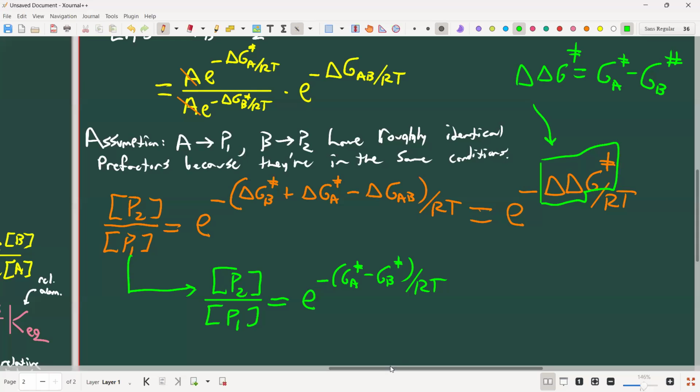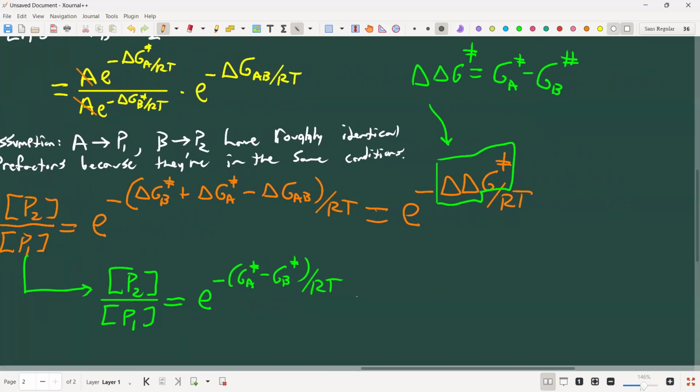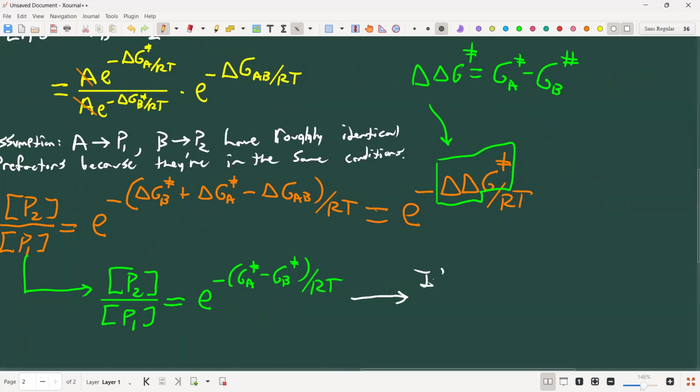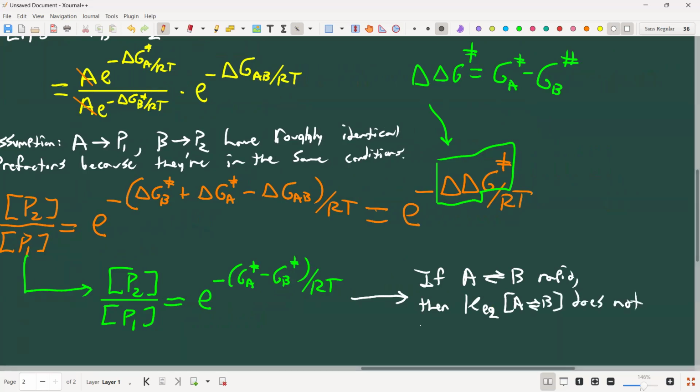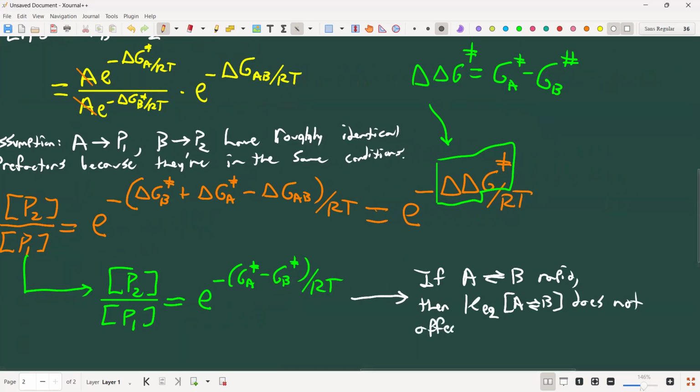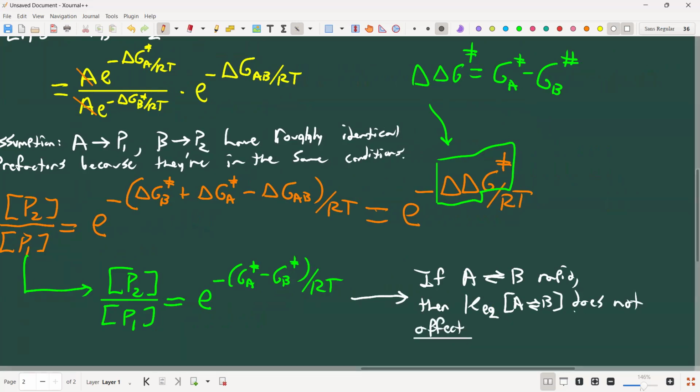Okay, so what this is saying then is that if A and B can rapidly equilibrate, then K EQ between A and B does not affect the product ratio.